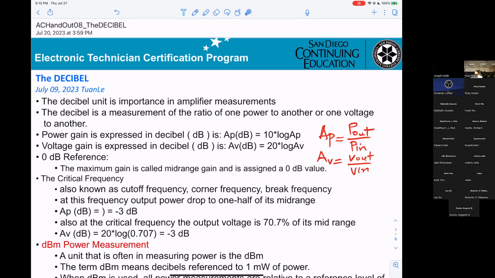And AP in dB equals 10 times log of AP. Okay, the 0 dB reference: the maximum gain equals the mid-range. Remember, mid-range means the maximum gain, and it is assigned to be a 0 dB value.